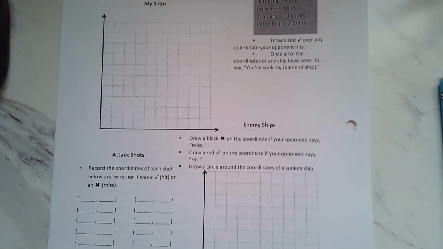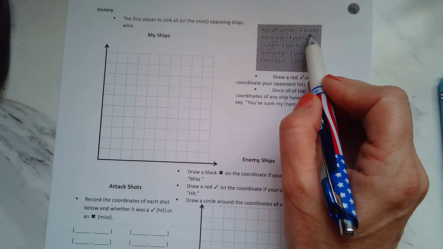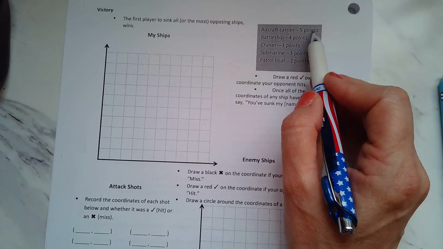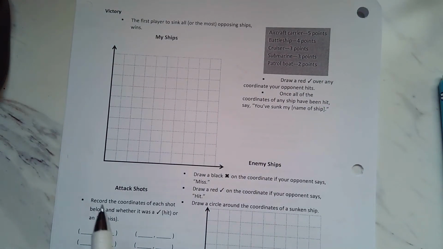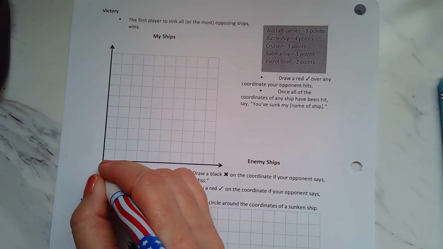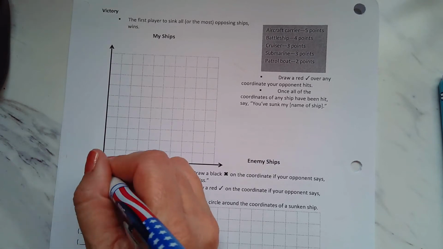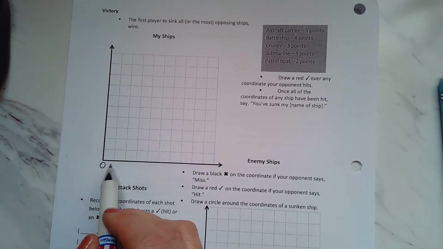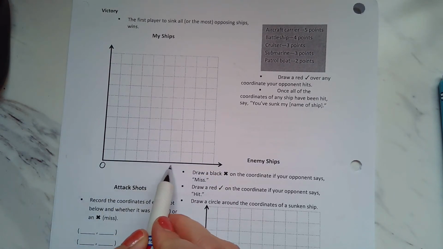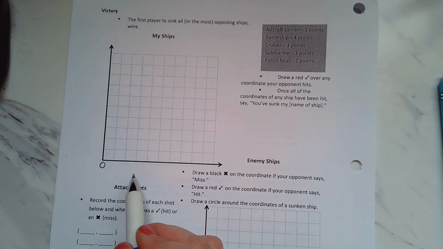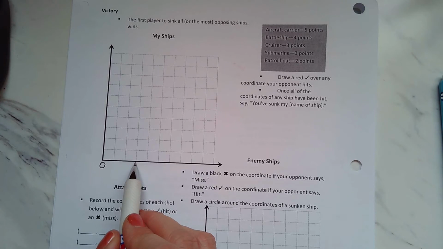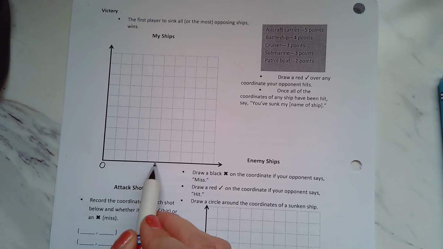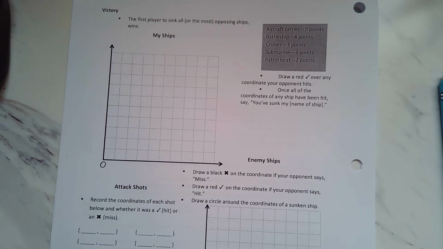An aircraft carrier has 5 points, a battleship 4 points, then 3, 3, 2. Before you can even start, you have to agree on what each unit is going to be worth: 1, or are you going to do quarters, like 1/4, 1/2, 3/4, 1, and go across like that?